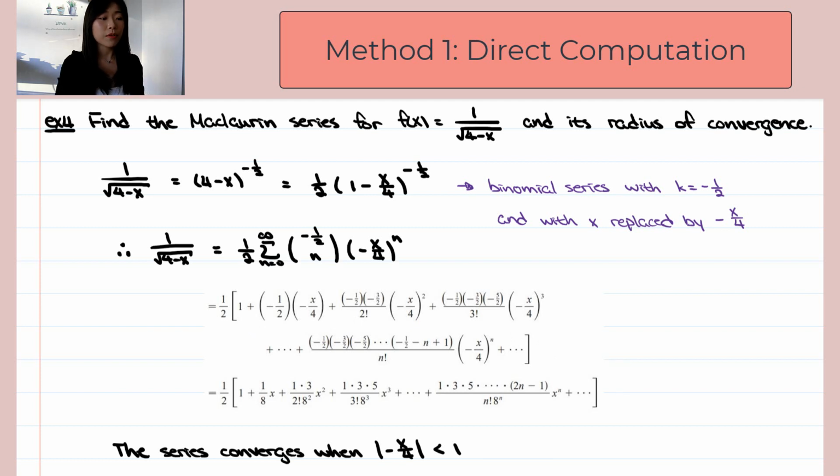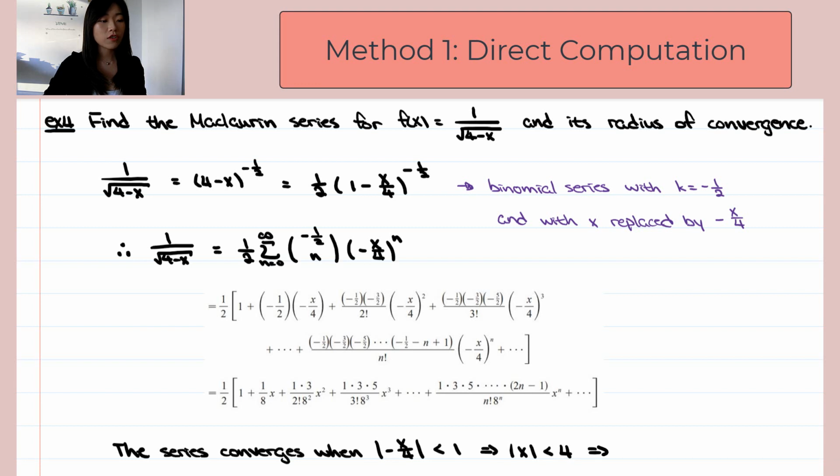And remember from example 3, the binomial series converges when the absolute of x is smaller than 1. But in this example, we replace the x by negative x divided by 4. So this series converges when the absolute of negative x divided by 4 is smaller than 1, which also means when the absolute of x is smaller than 4.